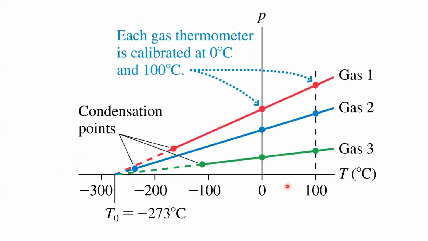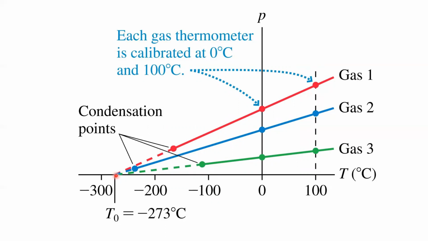And the remarkable thing is that this result does not depend on which gas you use. Suppose that the green gas is a constant volume gas thermometer that uses nitrogen, and this is hydrogen gas, oxygen. It doesn't matter which gas you use. When you extrapolate backwards, each one of these lines would pass through the same temperature on the Celsius scale.